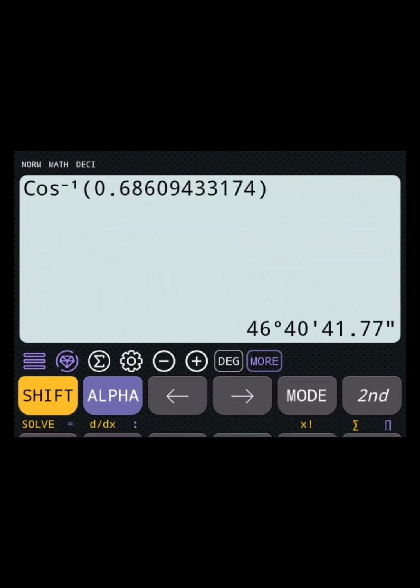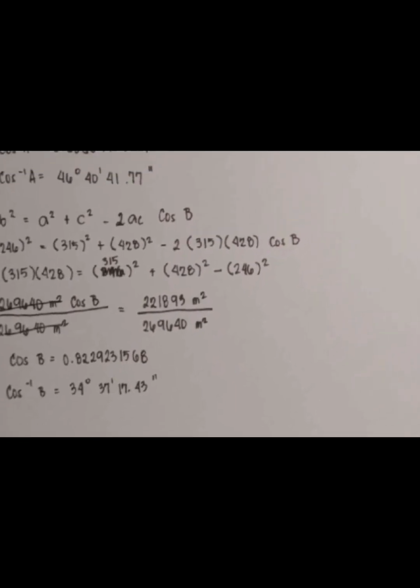So, when we type arc cosine into the calculator, the answer is 46 degrees, 40 minutes, and 41.77 seconds. So, it's the same process for getting B and C. And when we add the three final answers, it should equal 180 degrees.